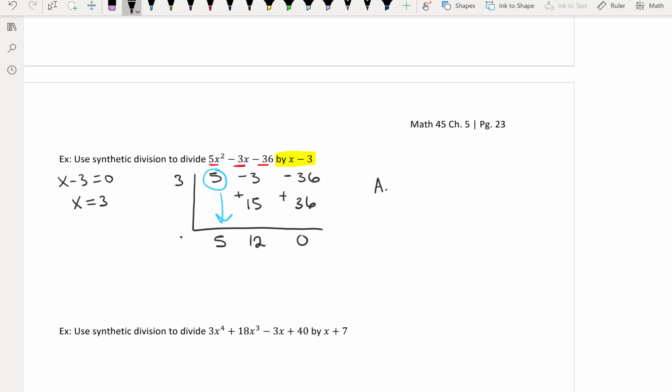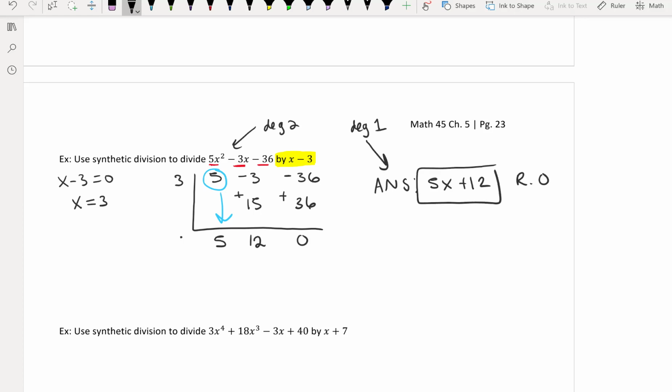So then for my answer, this is degree 2, so my answer has to be 1 less, degree 1. So I'm going to have 5x plus 12. And here my remainder is 0, so I don't really need that. So 5x plus 12 ends up becoming my final answer.